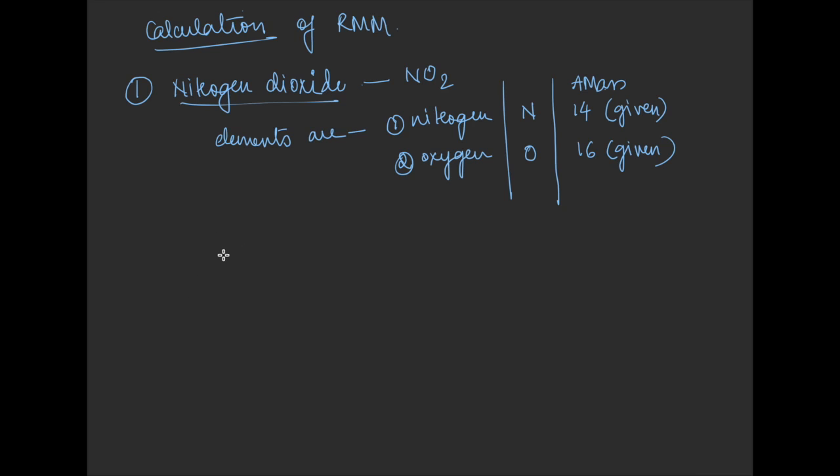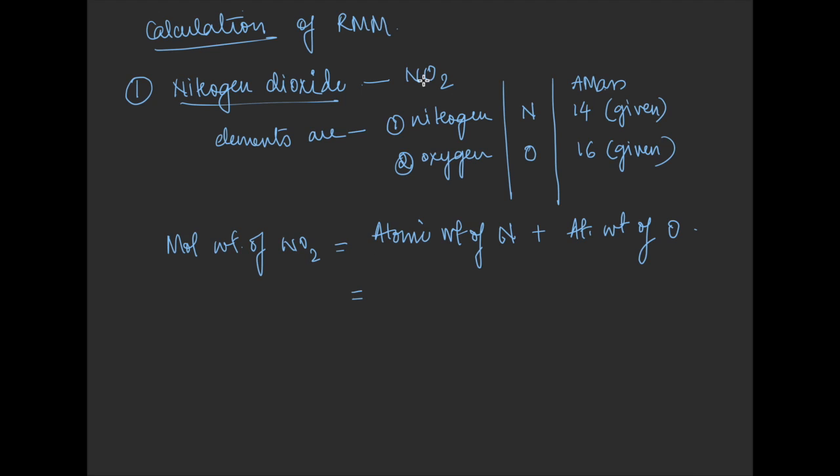So what you do is write down: molecular weight of nitrogen dioxide is equal to atomic weight of nitrogen plus atomic weight of oxygen. When you're adding the atomic weights, you have to keep in consideration the number of atoms present.